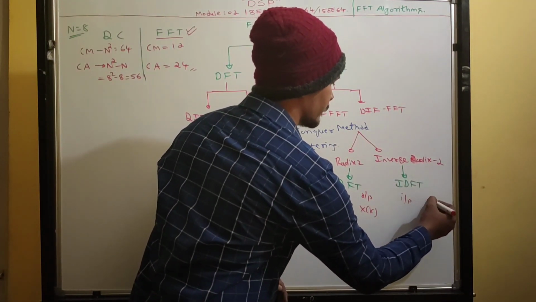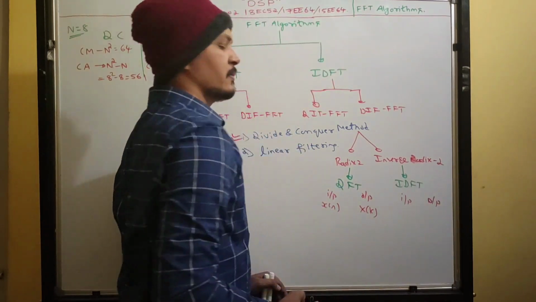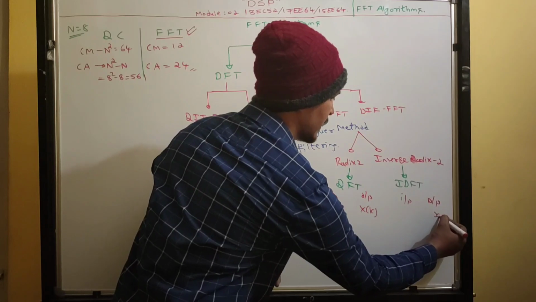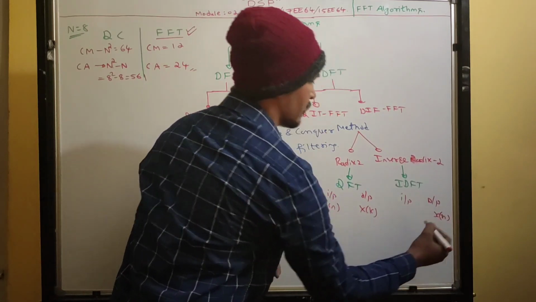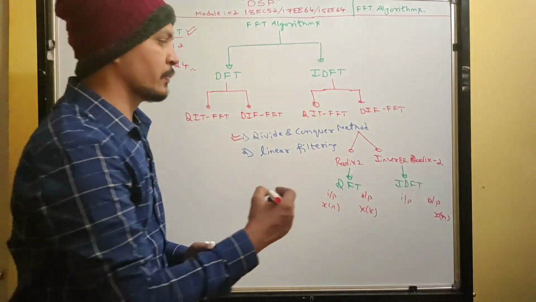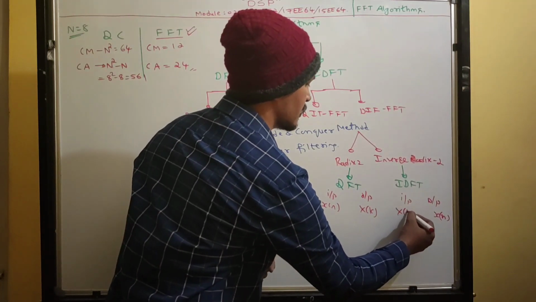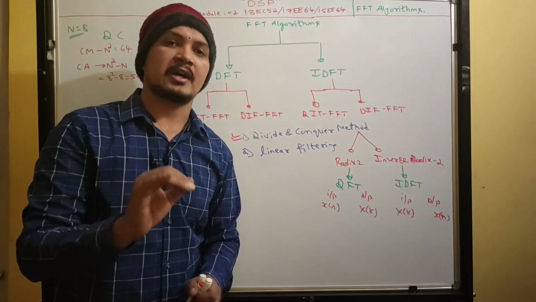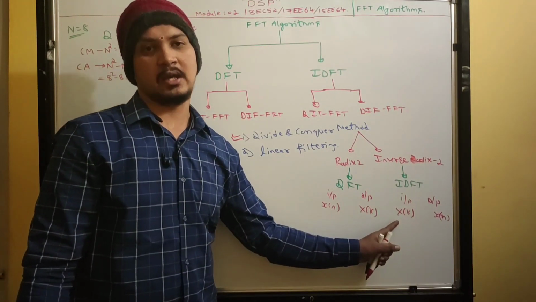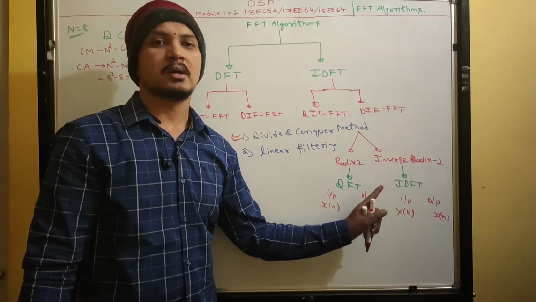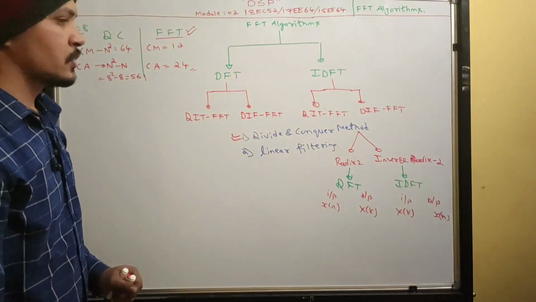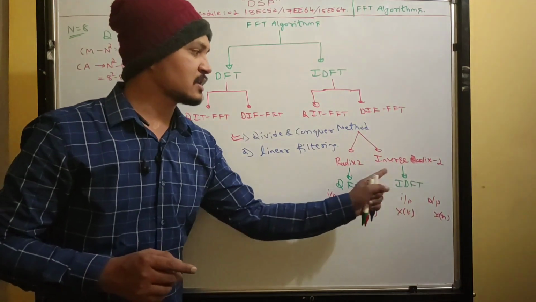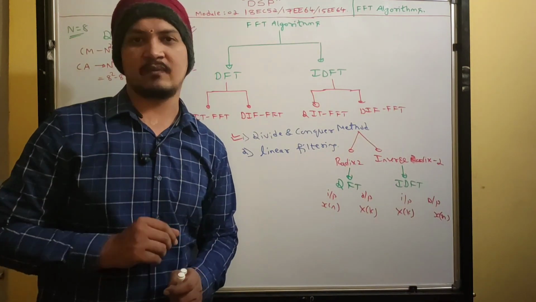IDFT is the inverse of this, so the output is the time domain sequence x of n, and the input is the frequency domain samples. To compute IDFT, the data should be given as x of k. So radix is used to compute DFT, and inverse radix is used to compute IDFT.